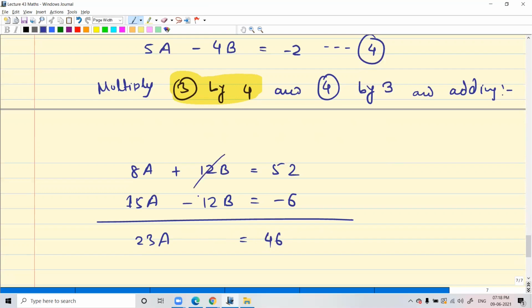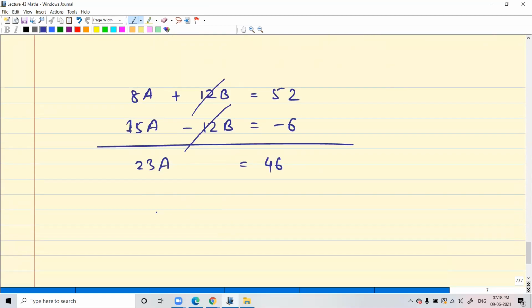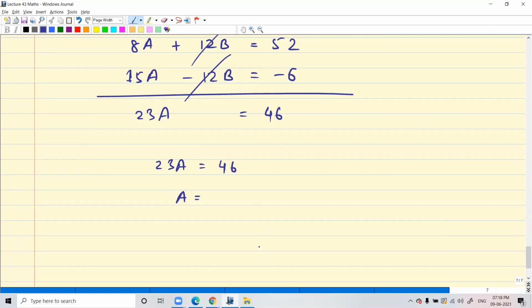Yes. So 12b minus 12b get cancelled. So 23a is equal to 46. So a is equal to what? Anyone can answer? 2, sir. Yes. a is equal to 2.